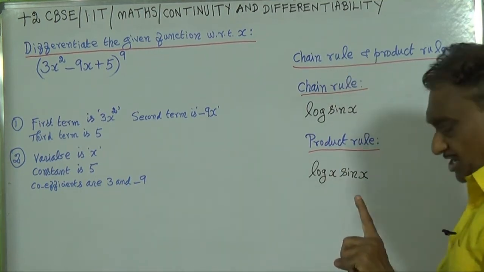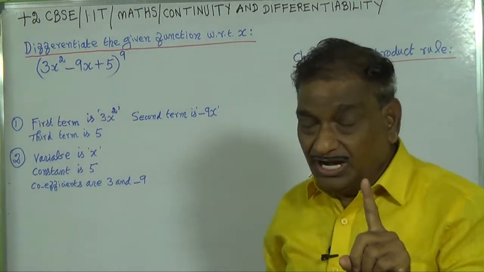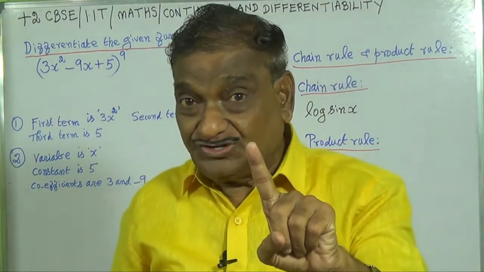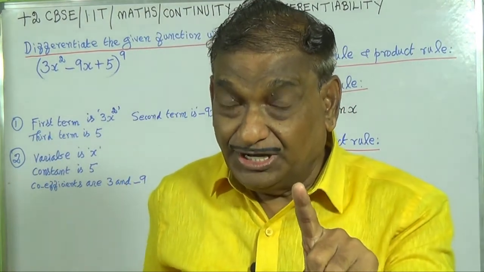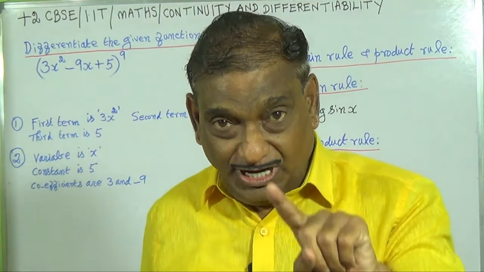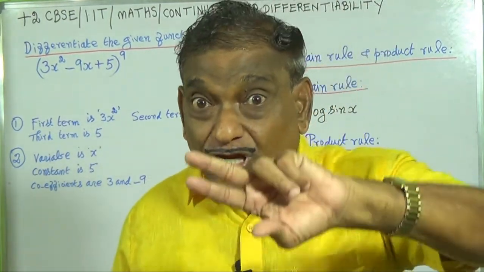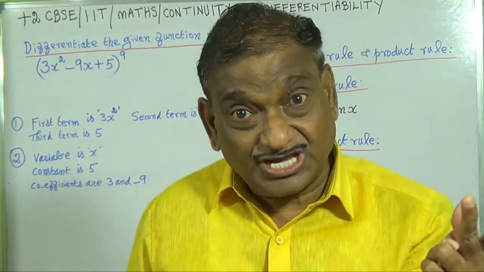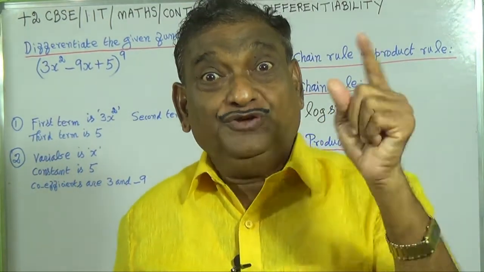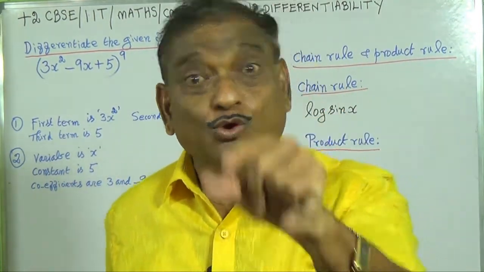The reason is the variable has come only once. We should note this point. If the variable comes only once with two or more functions, we should differentiate as per the chain rule.